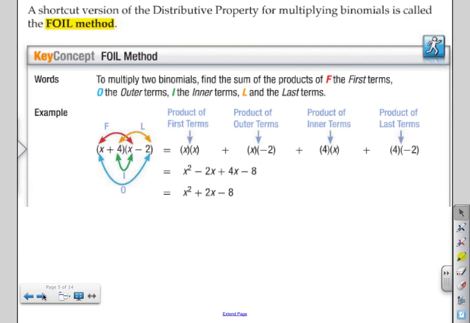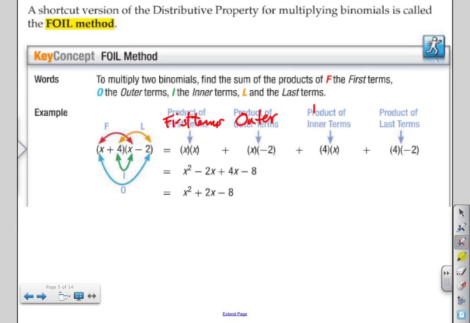All right, there is a shortcut version of the distributive property for multiplying binomials, and it is called the FOIL method. F-O-I-L. So listen carefully. F stands for first terms. O stands for the outer terms.